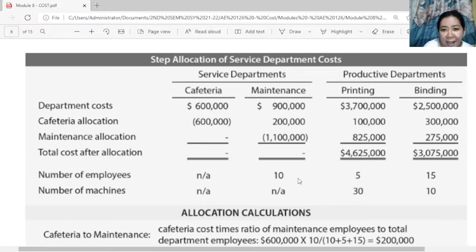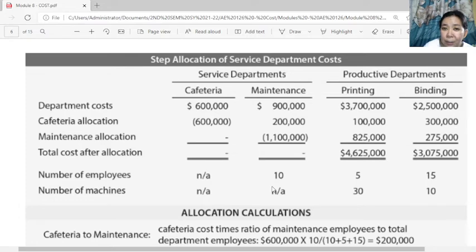In the maintenance department, although it is part of the service departments, as mentioned earlier, the personnel also eat in the cafeteria, so they will also be allocated cost from the cafeteria. The number of employees from maintenance is 10, for printing it's 5, and binding is 15.